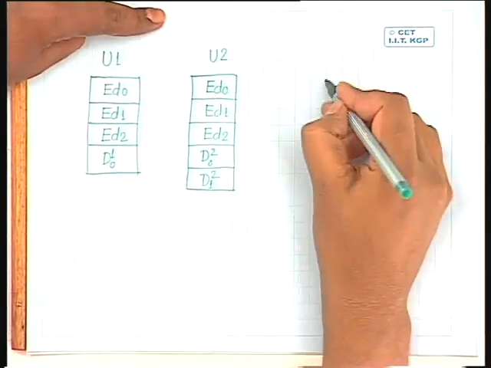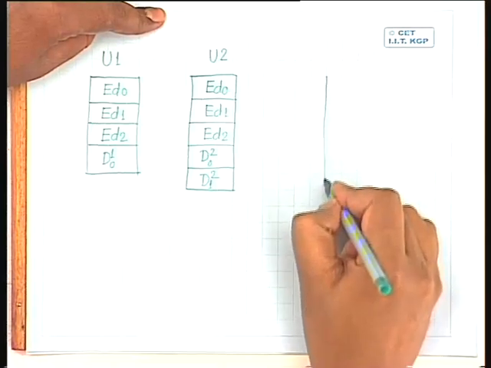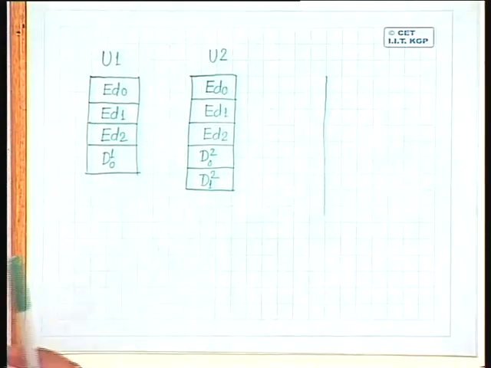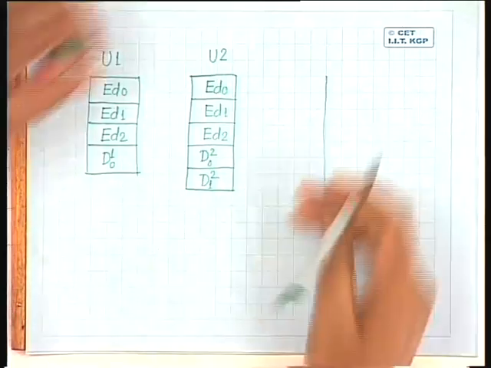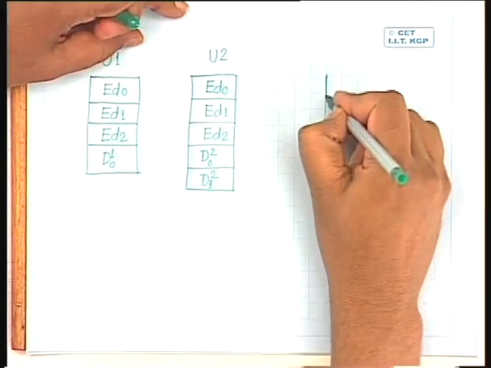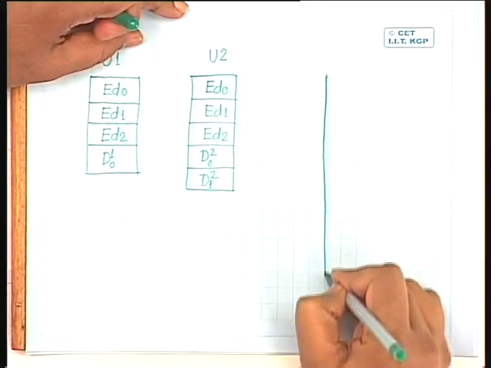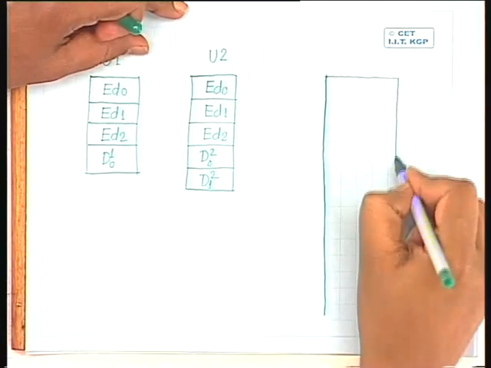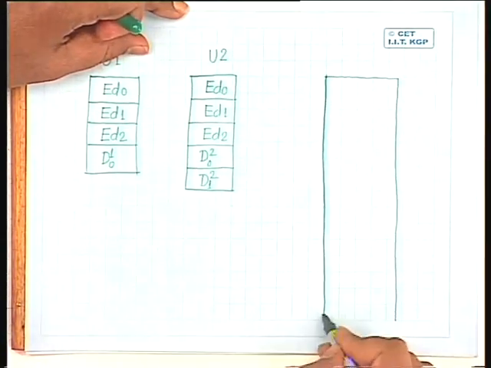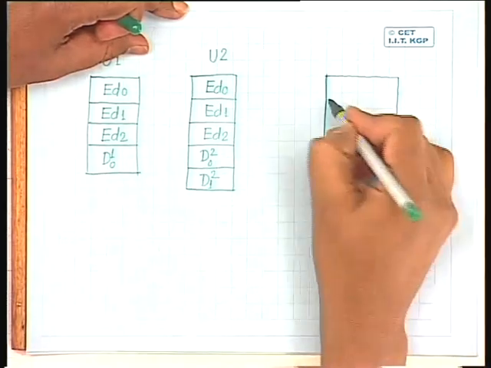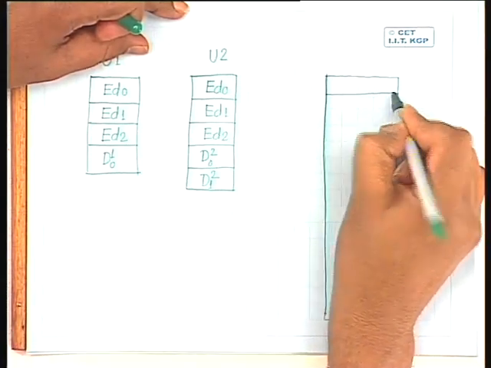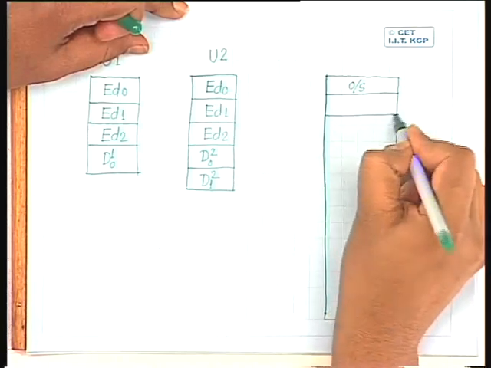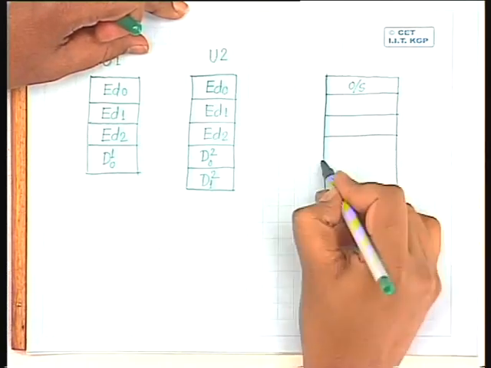Okay. The main memory map may be something like this. The first frame, as before, is given to the OS, and we have a number of other frames in the main memory.